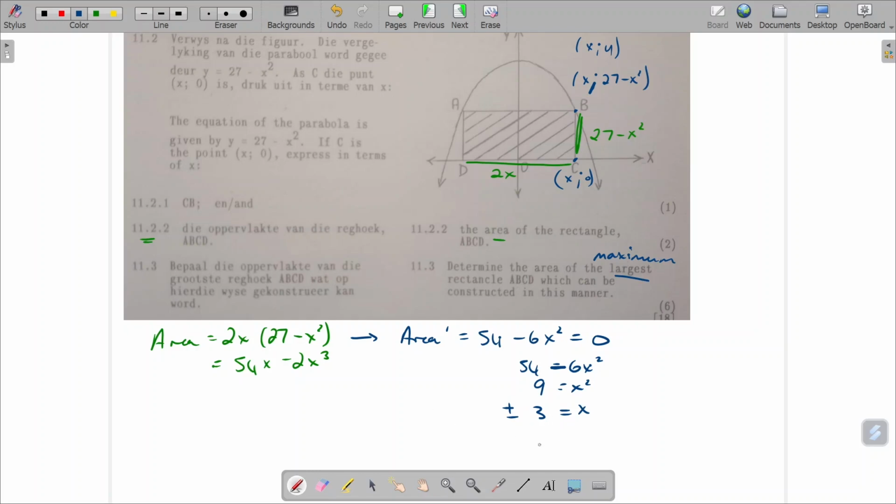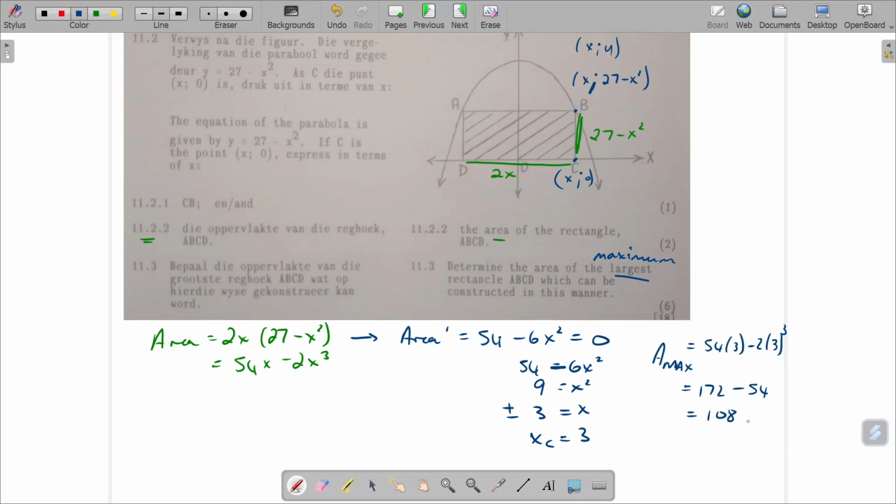Therefore the x value of C is 3, and as a result, our maximum area will be when we have 3 going in here, which is 54 times 3 minus 2 times 3 cubed, which equals 162 minus 54, which is 108.